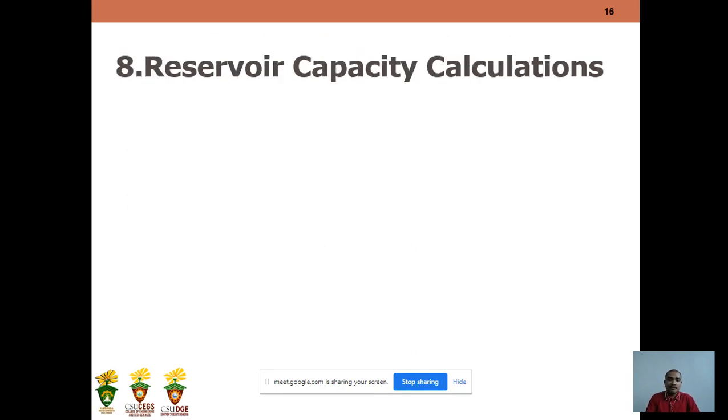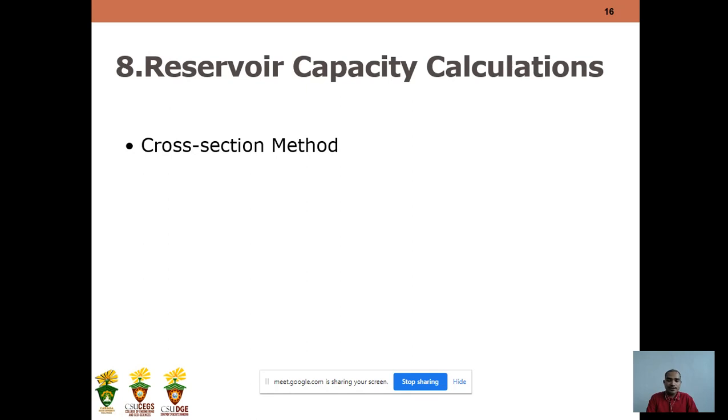Topic 8, the second to the last topic for this course, is reservoir capacity calculations, for example ponds. Examples of reservoirs are ponds and a certain lake. There are different methods on how to get the volume of the reservoir.